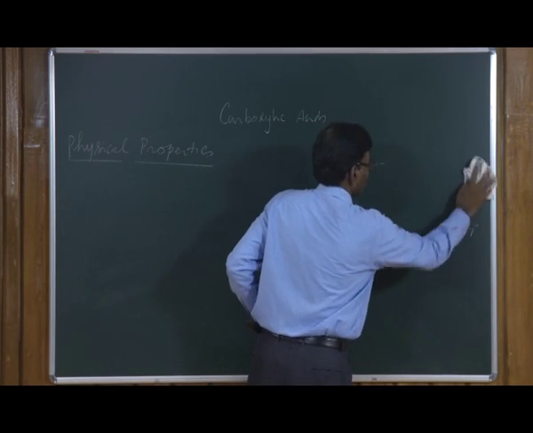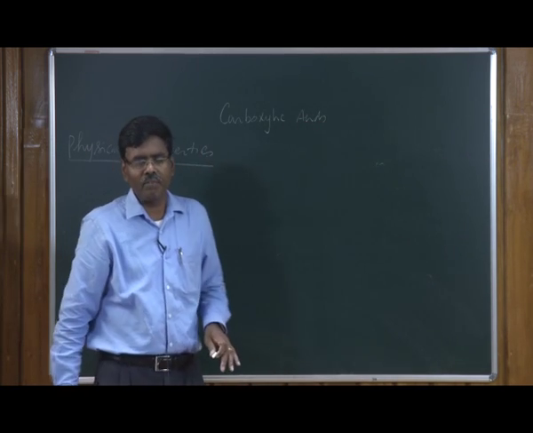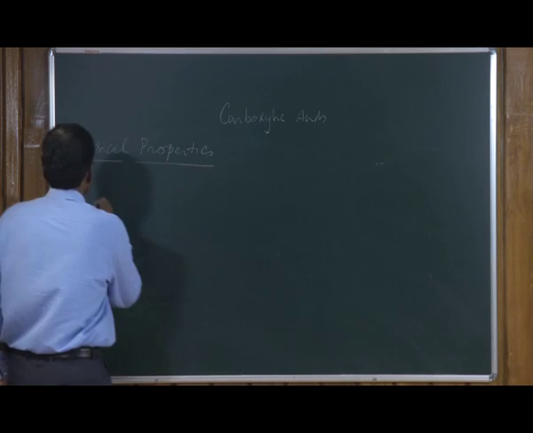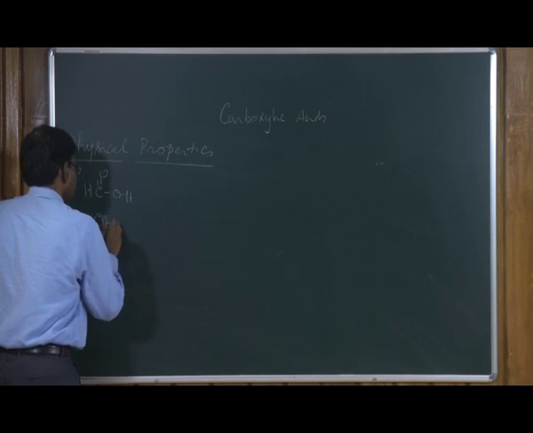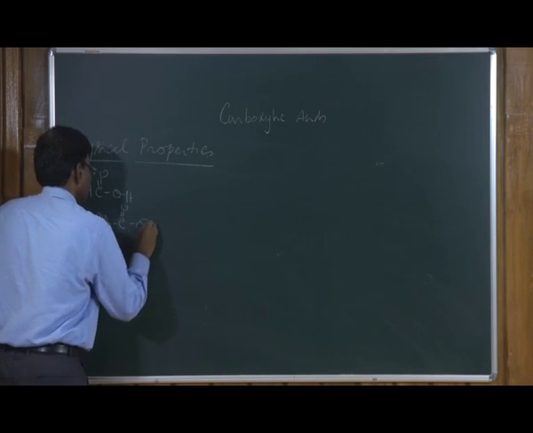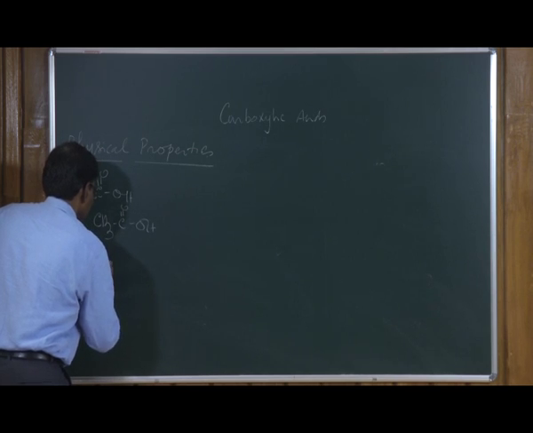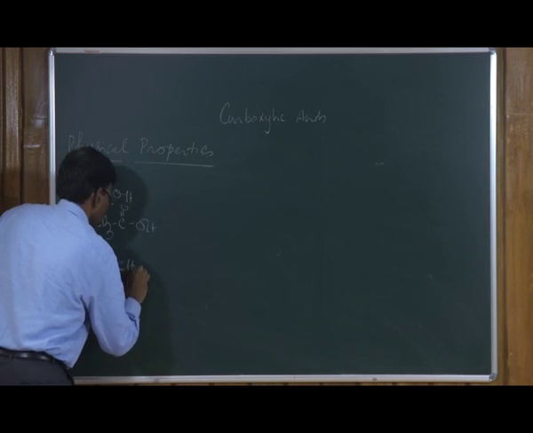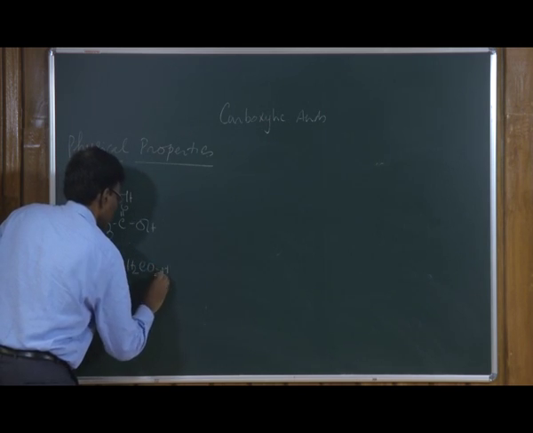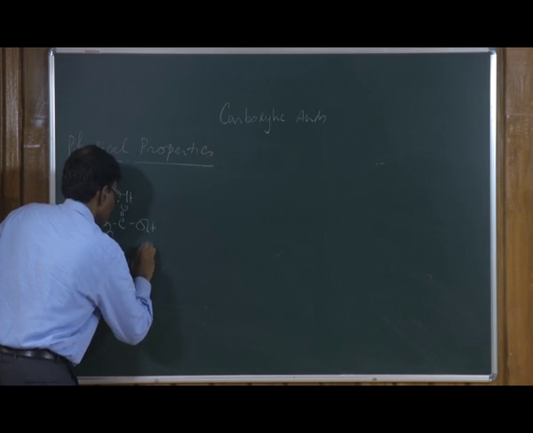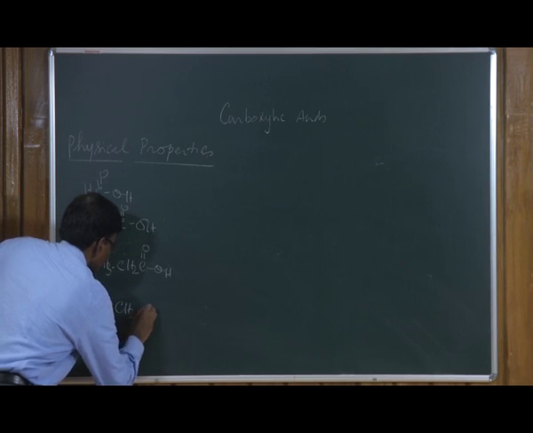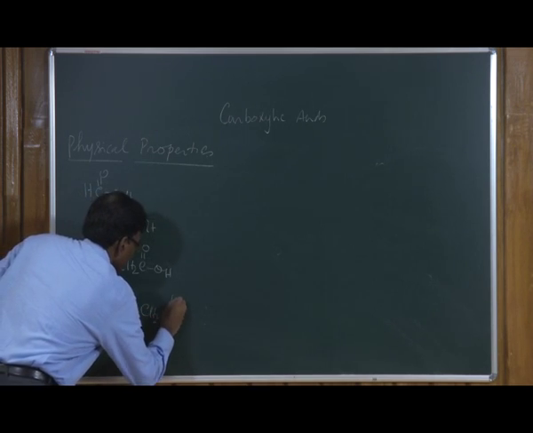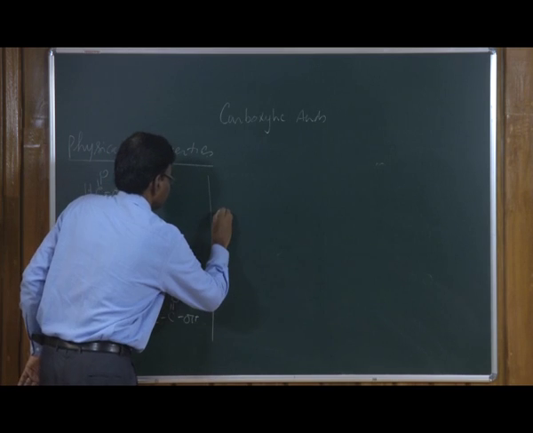With respect to solubility of carboxylic acids, the first 4 members of this series, formic acid or methanoic acid, acetic acid, propanoic acid, and butanoic acid, they are soluble in water.